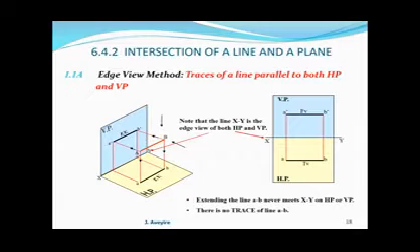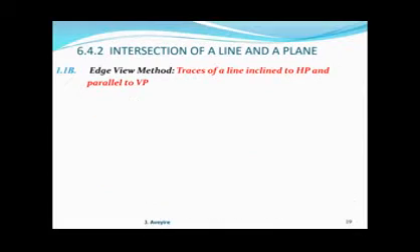So in that situation, there is no trace of line AB, because XY is now an edge view of the two planes. Extending it in any direction, it doesn't intersect XY, which means there is no intersection between the line and any of these planes.